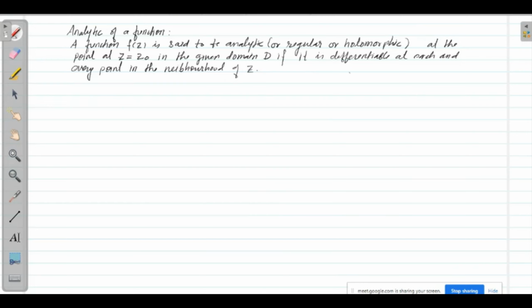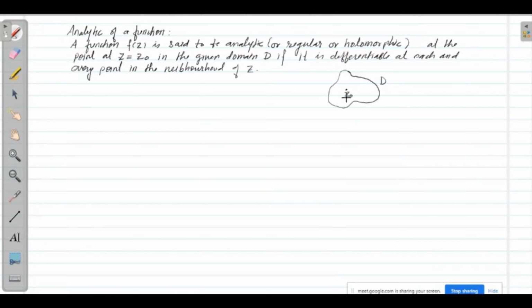Suppose this is your whole domain, and this is your z equal to z naught.